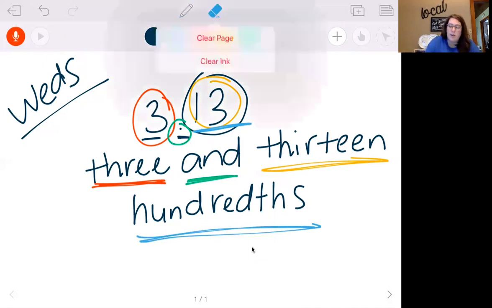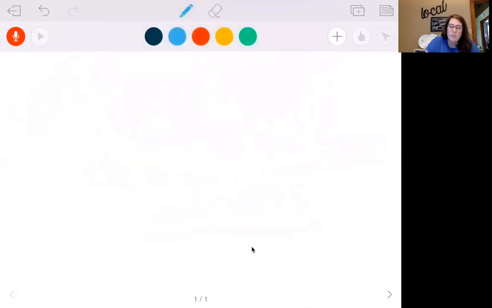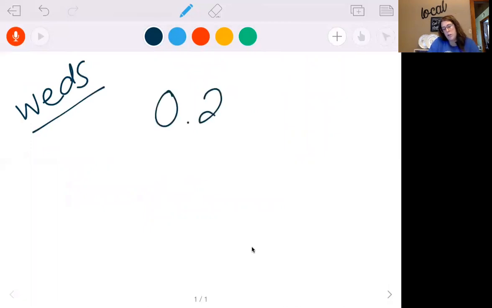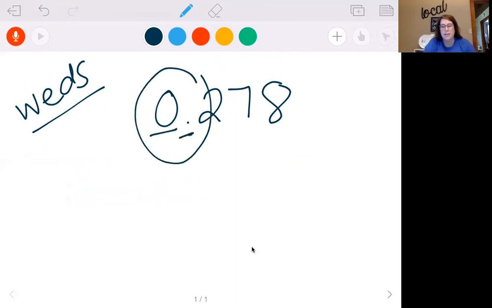So let's try another one. We're gonna write Wednesday so we don't forget. Let's try 0.278. So for this one, I don't need to write a whole number and I don't need to write the word "and" because this is 0.